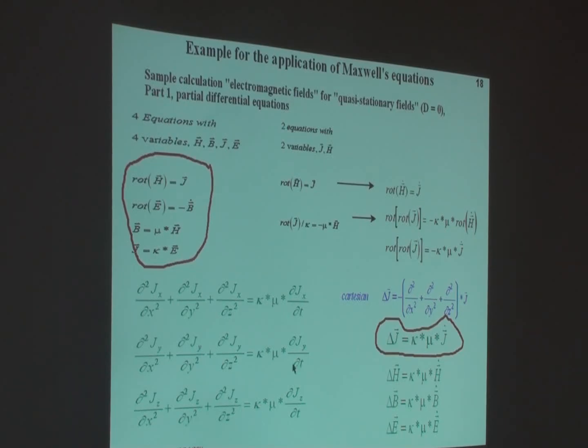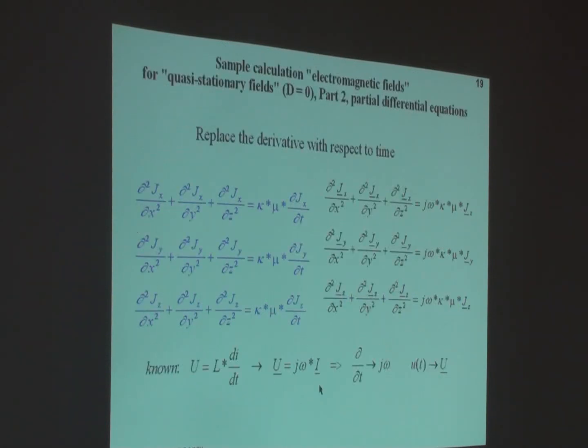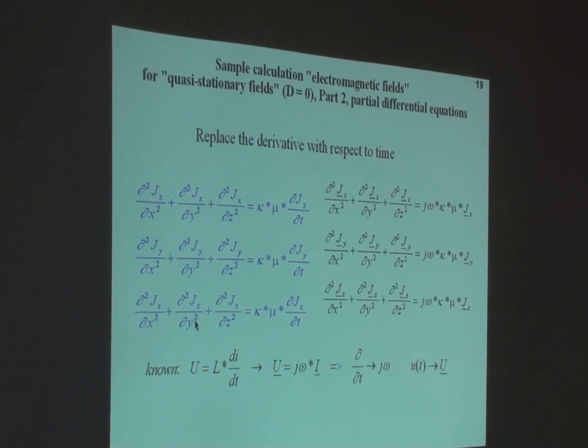I never solved such equations, except in one dimension. So we have to do the same as here. We can't calculate the time dependence directly, so we put in j omega, and then we have a complex differential equation.